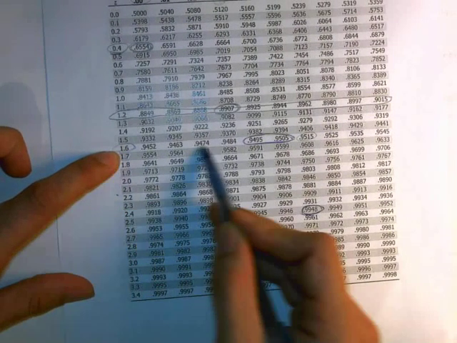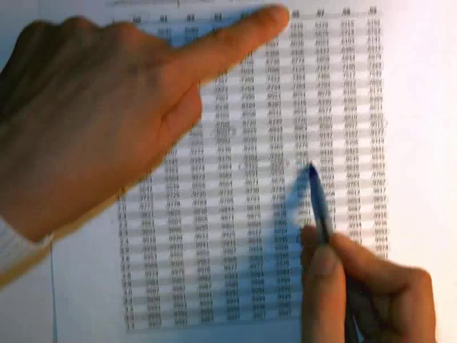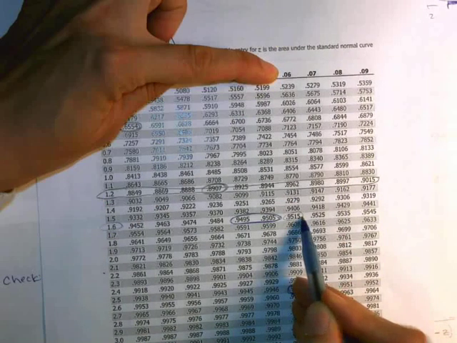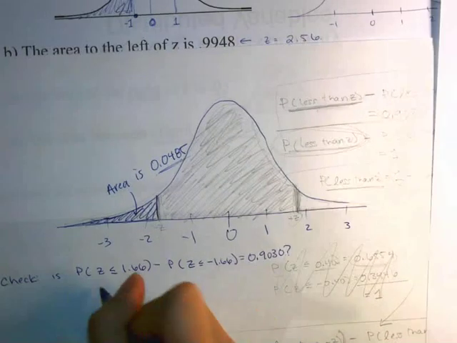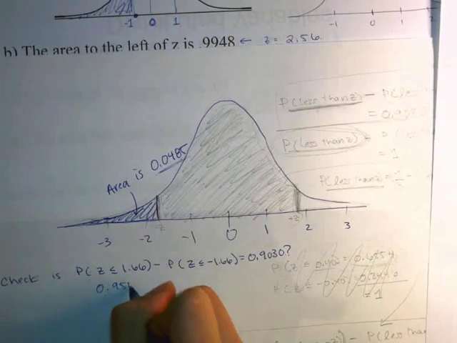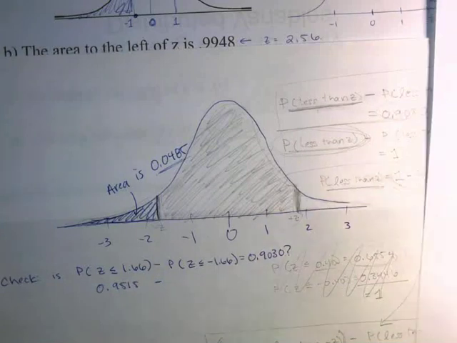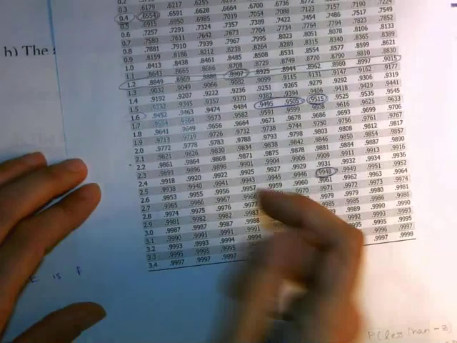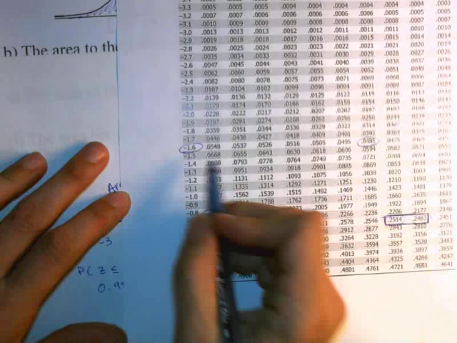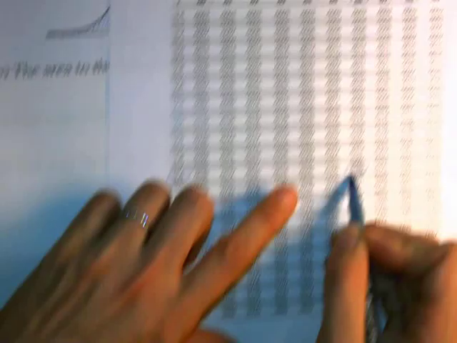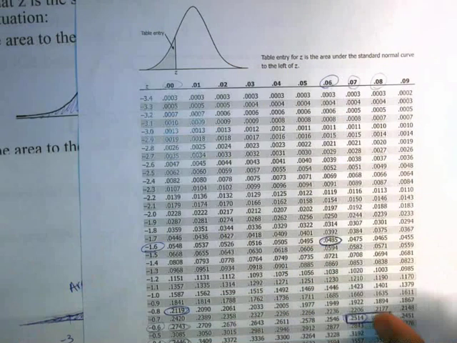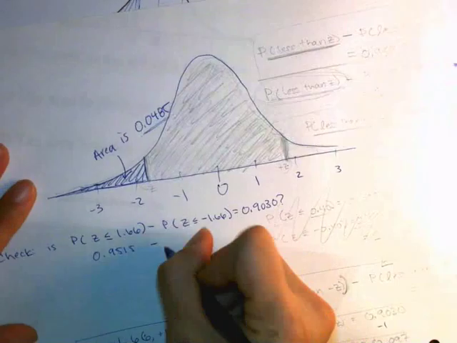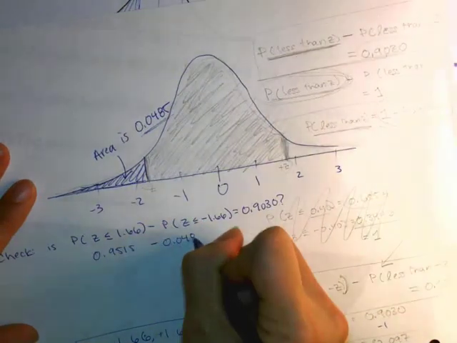Is this right? So I find my z value of 1.66. I'll move over to the positive side. Here's 1.6. Follow it over to the 6. And I got 0.9515. So that is 0.9515 minus the probability that z is less than or equal to negative 1.66.